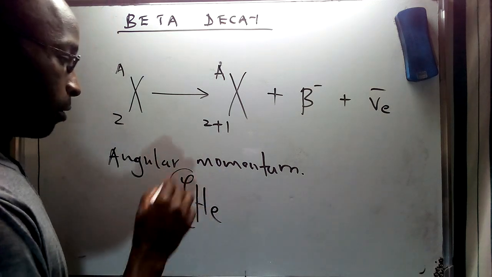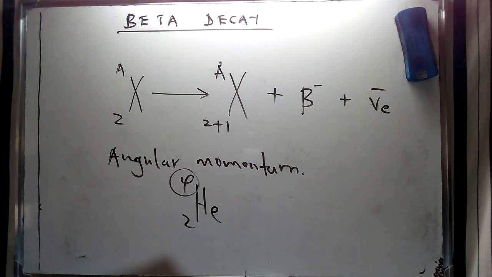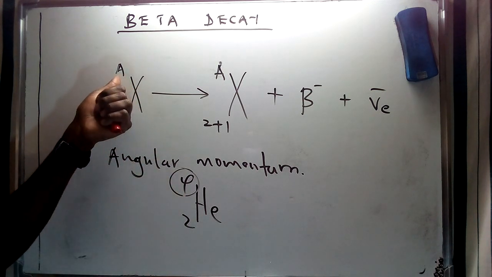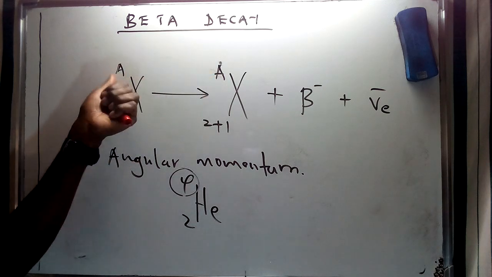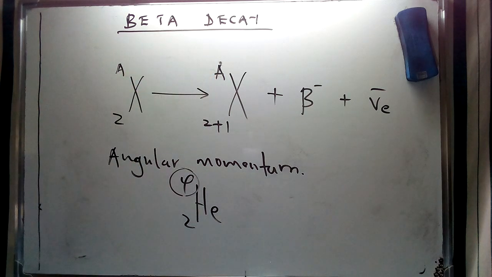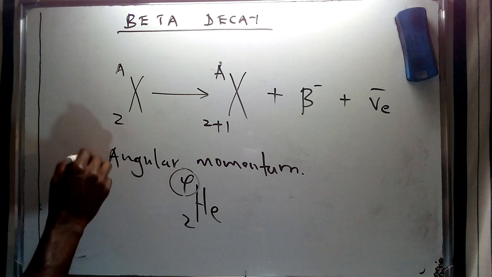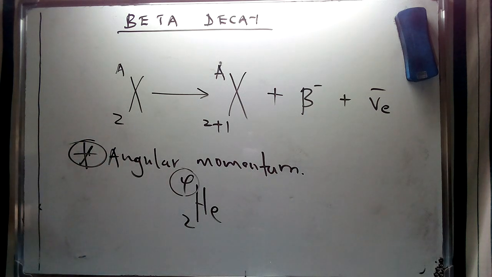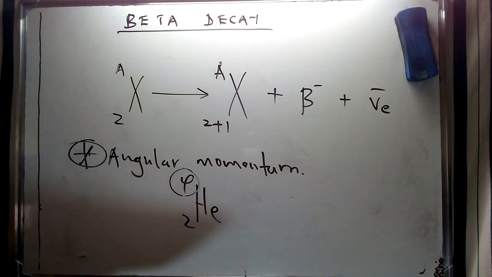For alpha decay, there is a transformation of the mass number by a change of 4. In beta decay, there is no net change in mass, and therefore we look for other aspects like angular momentum, which affect the fundamental conservation laws.